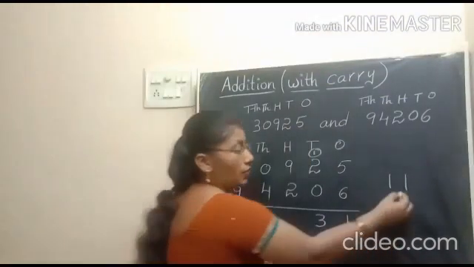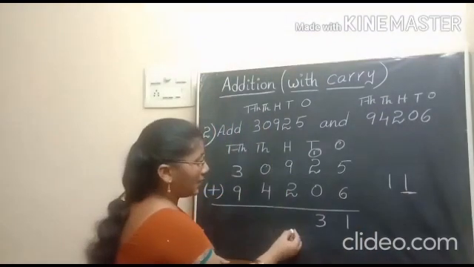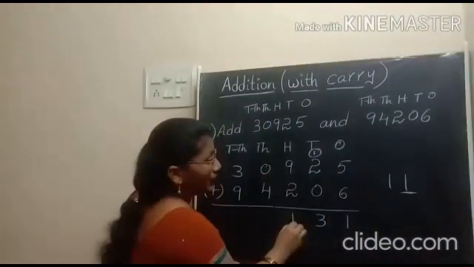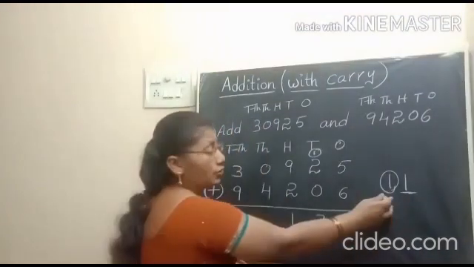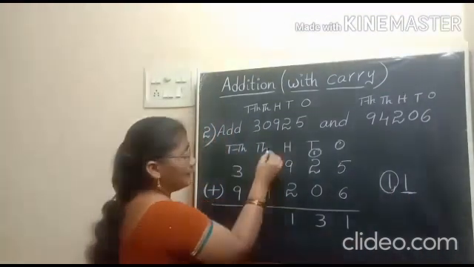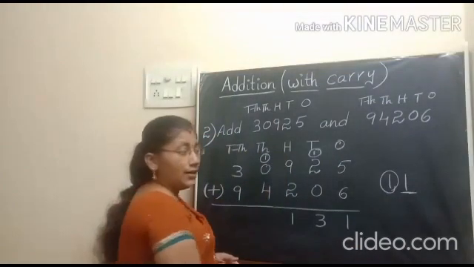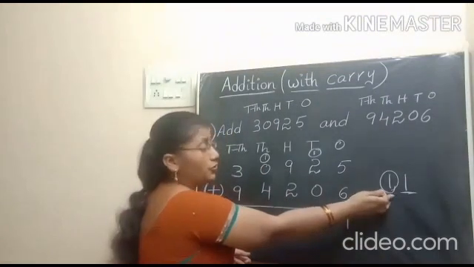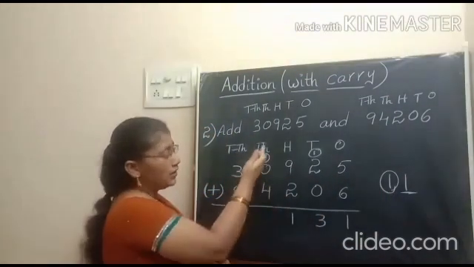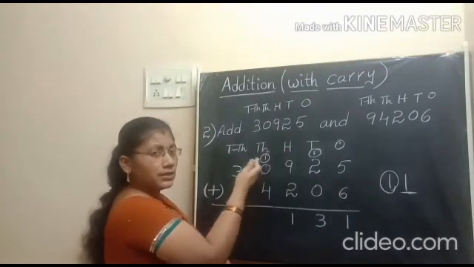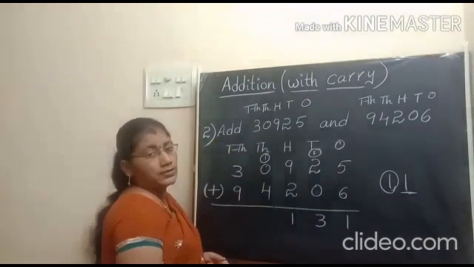Here also the right side digit, right side 1, you should write at the hundreds column and the left side digit, left side 1, you should write at the thousands column as carry. Understood, children? This leftmost digit you should write as carry in the next place. What is the next place for hundreds? That is thousands. So you should write carry in the thousands place.